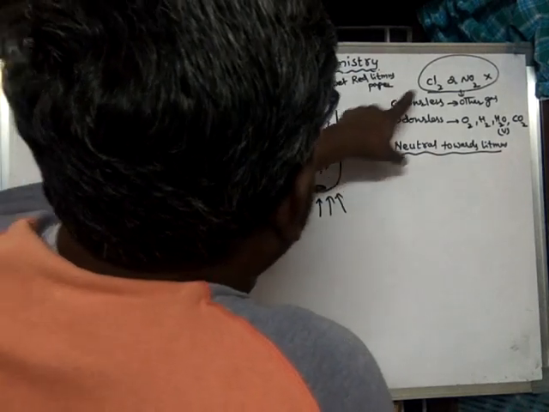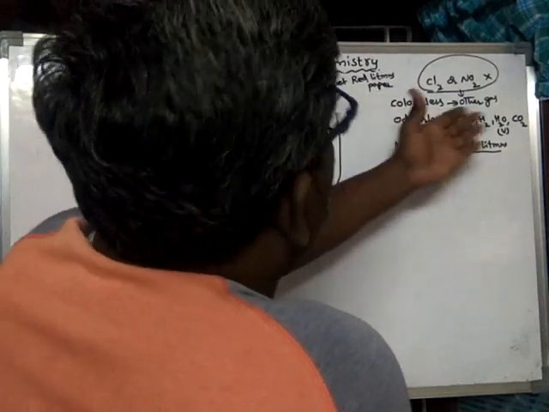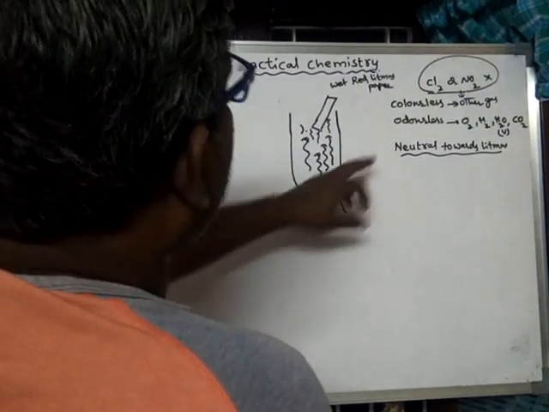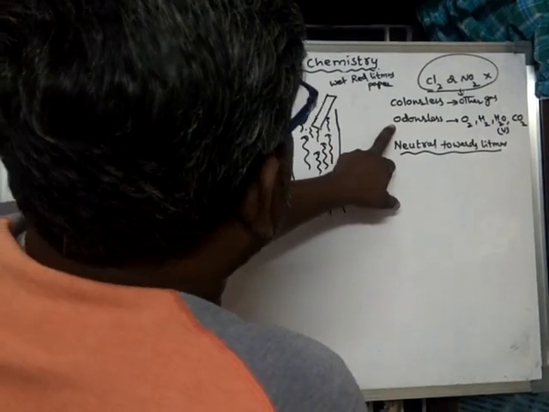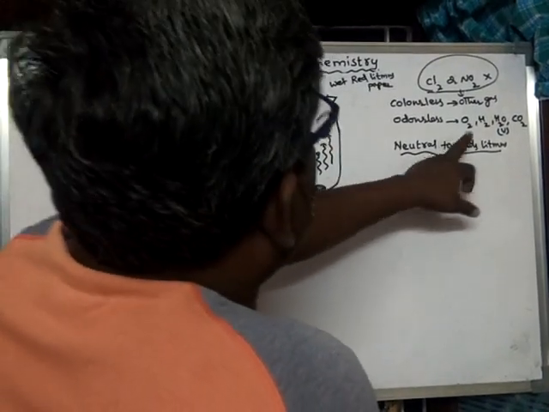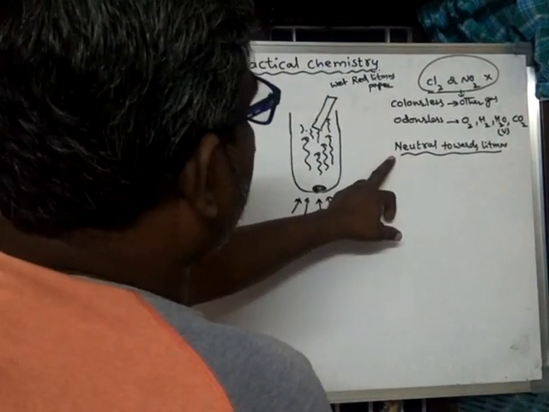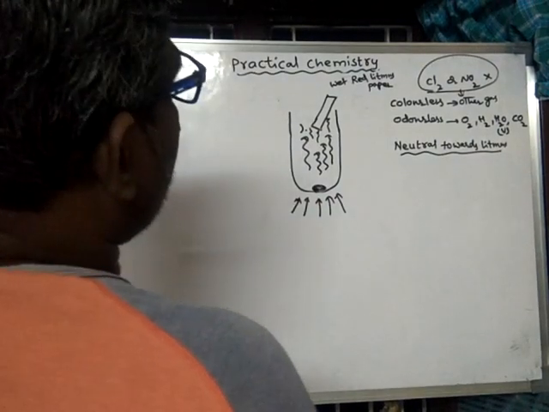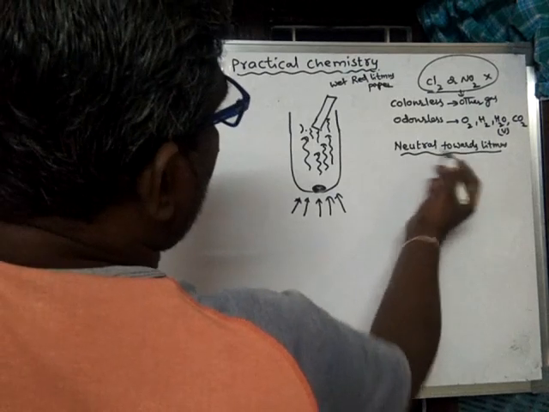At the beginning we came to the conclusion that the gas is neither chlorine nor NO2, so it may be one of the other 9 gases. With the odor we concluded it may be one of four gases, and with the litmus test we came to know that it is neutral towards litmus.